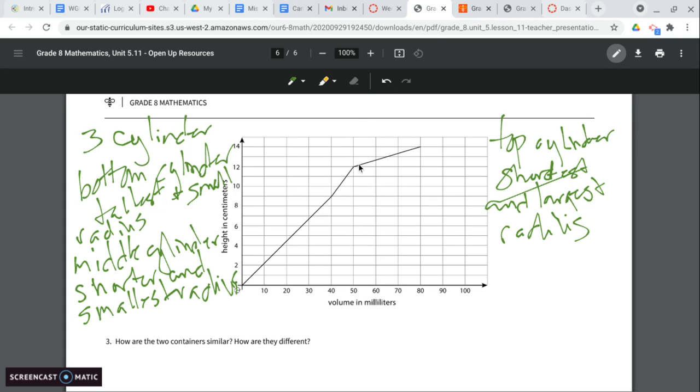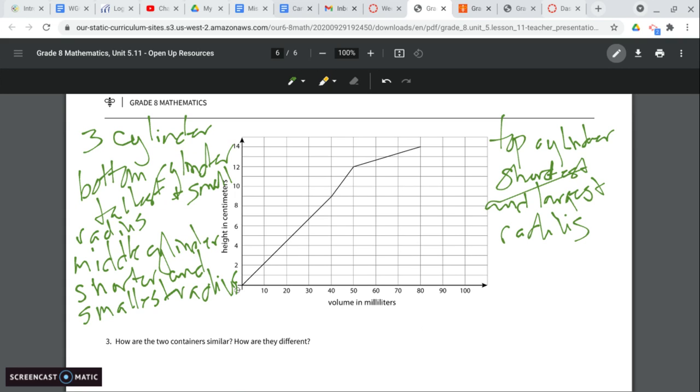Notice the height is going up by 4 over the course of a 30 millimeter difference in volume, whereas in this one, it's a 10 millimeter difference and it's going up 2, 4, 6. So much different relationship there.